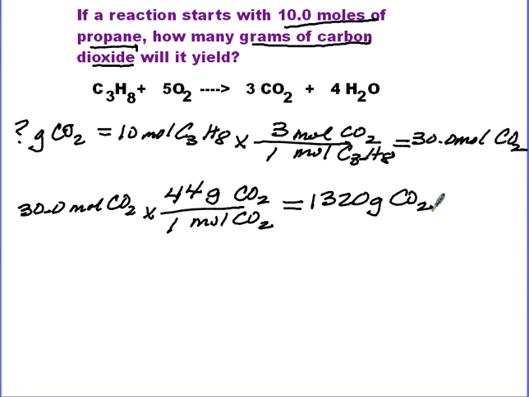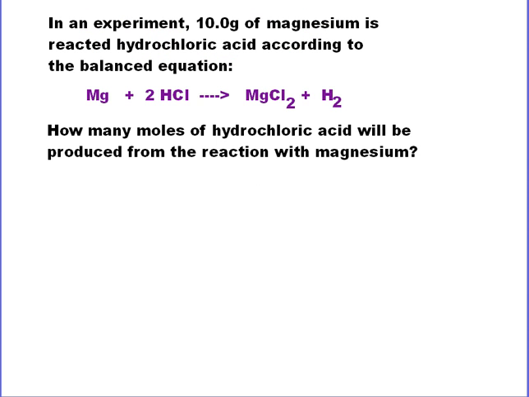Okay, so we've seen how to take something and change it from moles to grams. Why don't we change this up a little bit, and let's see if we can go from grams to moles. So here's another problem.